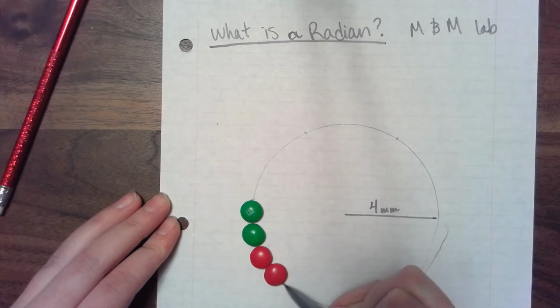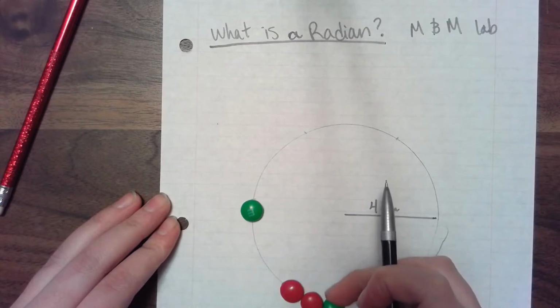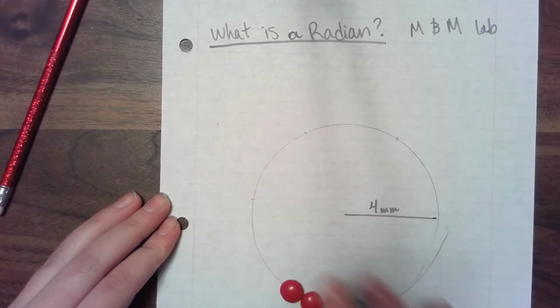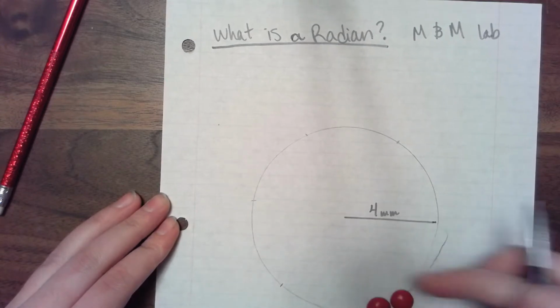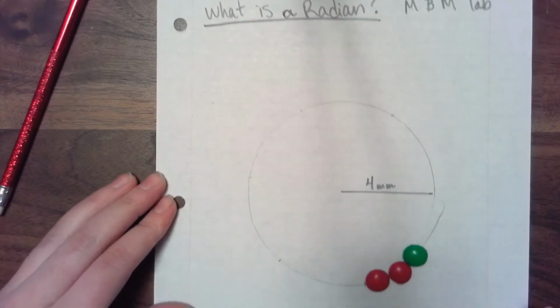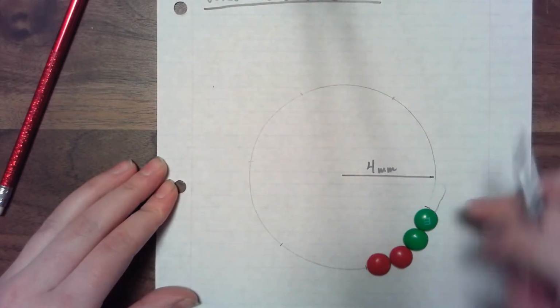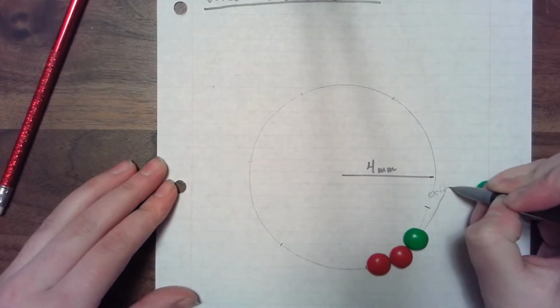Okay, there's another tick mark, and there's another tick mark. And we're going to go until the whole entire circle is completely done. And here's another tick mark, and it looks like I'm not even going to be able to finish, so this is extra.